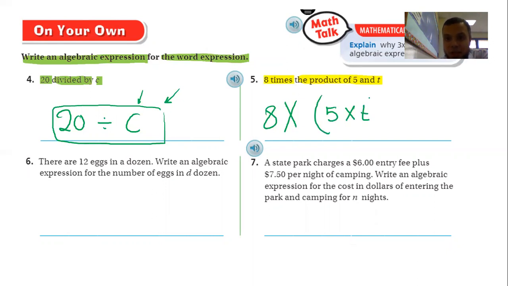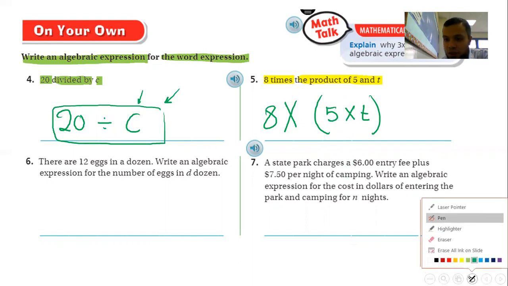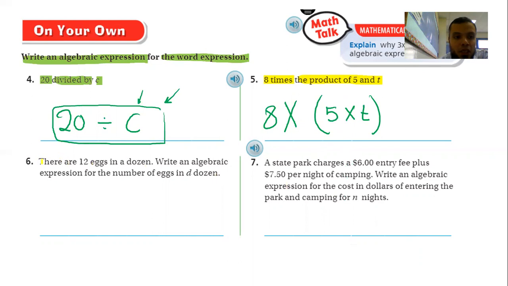So 8 multiplied by 5 multiplied by t. 8 multiplied by the answer from this bracket. T times 5 or 5 times t. You can say it either way. Okay, is it difficult? I think it's not. Let us see question 6.